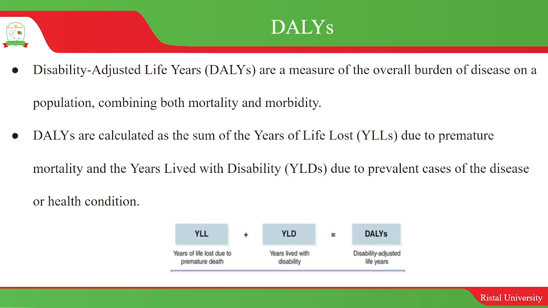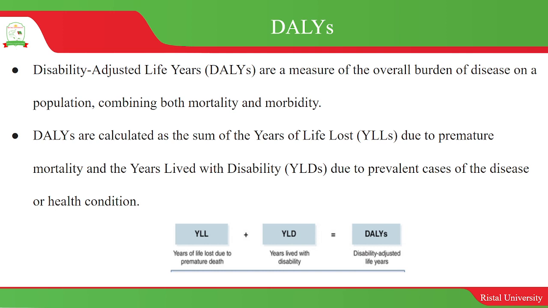So how do we calculate this? It is basically a figure that tells us the overall burden of the disease in a particular population. And we said it is a composite because it has mortality and morbidity. So it can be calculated by adding the years of life lost due to premature death plus the years lived with disability.